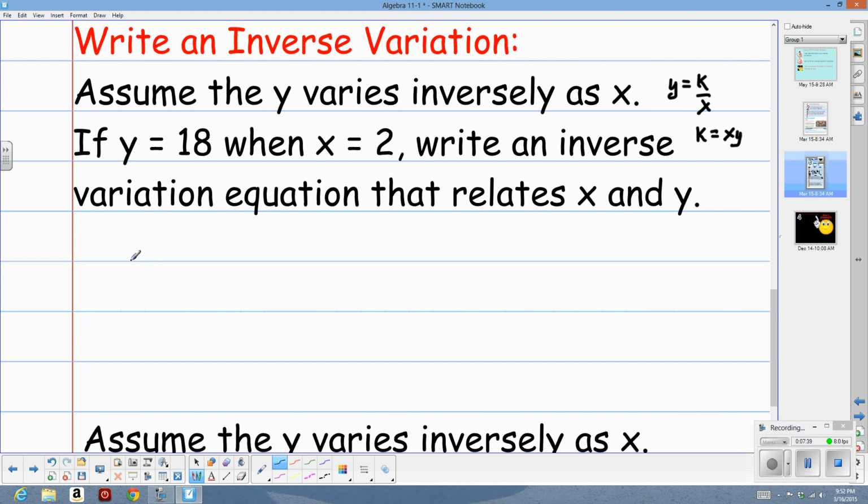We could write y equals k divided by x, and plug in 18 for y and 2 for x, then multiply both sides by 2 to find k. Or a quicker way is to use this form right here, k equals x times y.